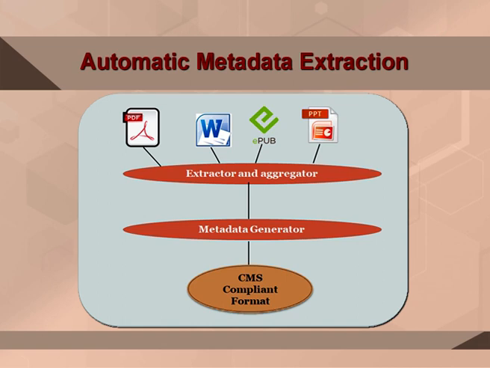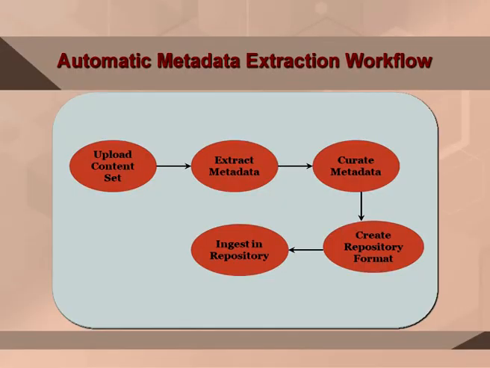Of course, all metadata you will not be able to get. For example, in this process you cannot extract the metadata saying whether this particular PDF, say a book, is an elementary level book in that field, or an advanced level book in that field. You probably cannot say this, but most of the common metadata can be extracted in an automated manner. So, that is a typical extraction flow.